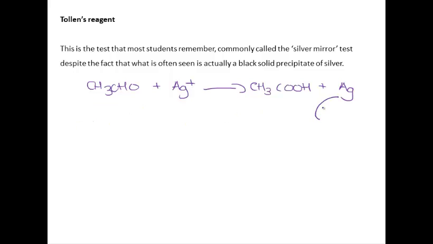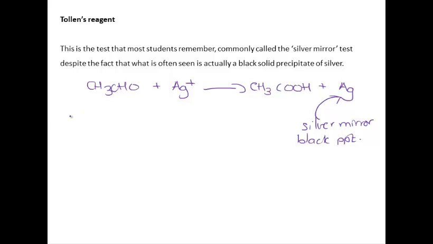So this here is the silver mirror, or the black precipitate. If you're ever asked to describe this, it's important not to write silver precipitate. Silver mirror is accepted and black precipitate is accepted, but not silver precipitate.